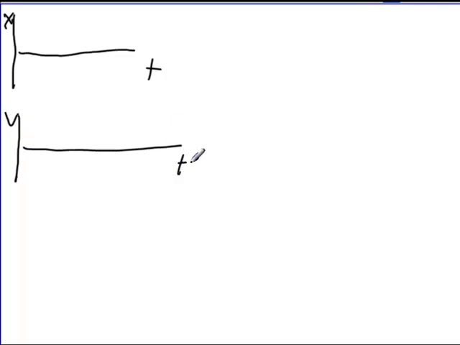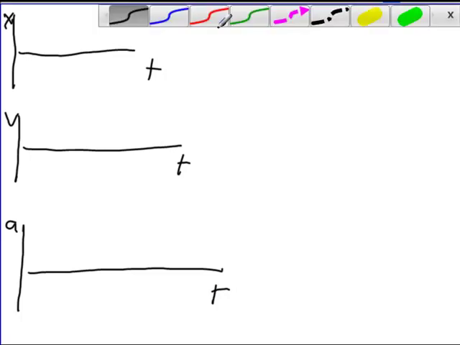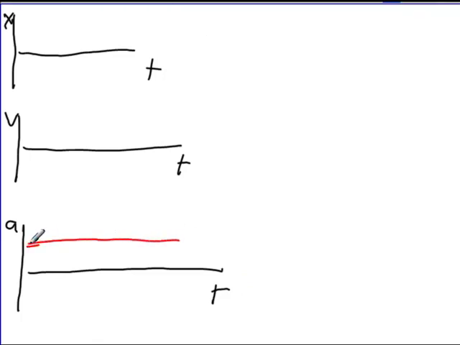Now the next thing to do is to consider what would happen if we had a constant acceleration. Position versus time. Velocity versus time. Acceleration versus time. So if I have a constant acceleration, velocity is simply the integral of acceleration.